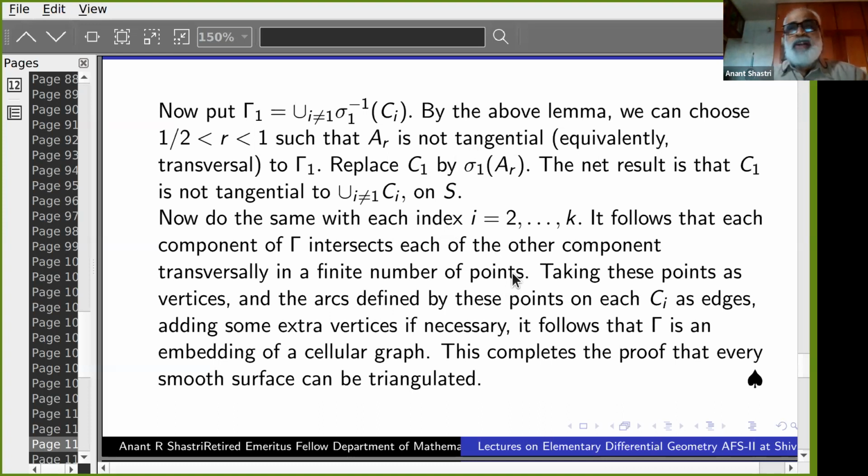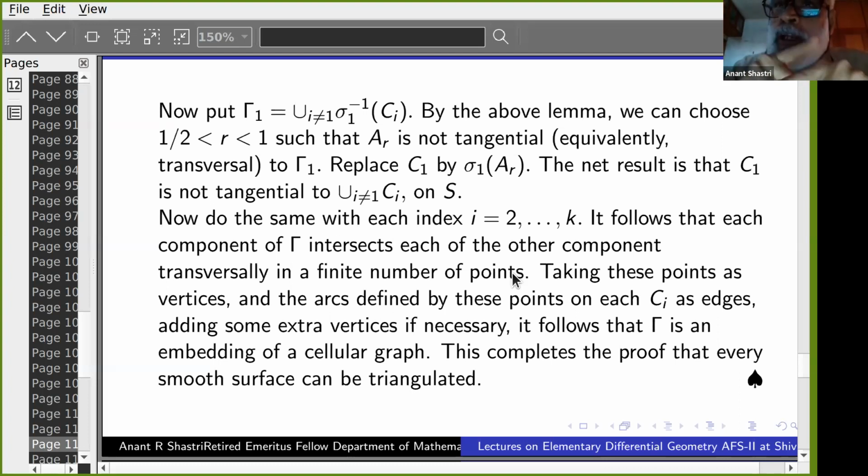Okay. So once you have got this picture, all that you have to do is add some extra vertices to the curves, because if you take a circle, you can cut it into a triangle, or a pentagon or whatever, by introducing vertices, at least 3 of them. With 3 you get a triangle, with 4 a quadrangle, and so on. So at least 3 you have to put on each circle.